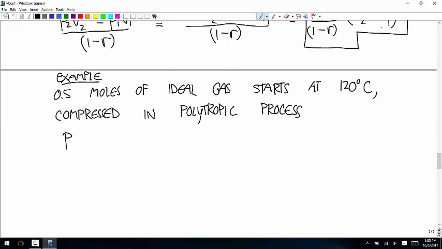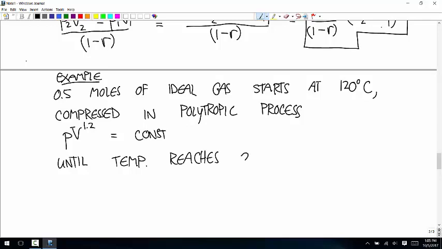And the relationship that we're going to have is P times volume to the 1.2 is equal to a constant C, until the temperature reaches 200 degrees Celsius. What's the work W for this compression?